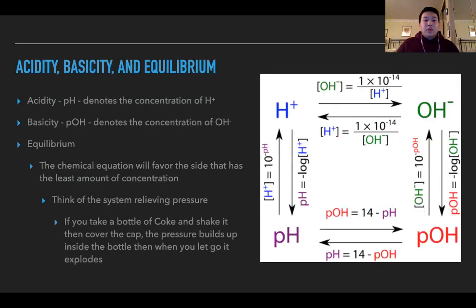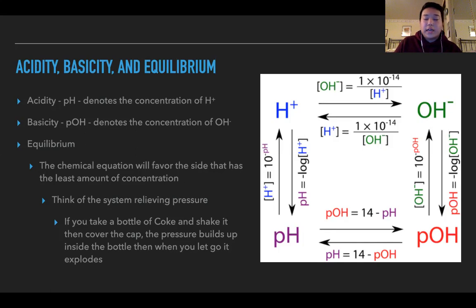Okay, so before I go into the problems, I want to talk about acidity, basicity, and equilibrium. So for now, don't mind the thing on the right. I don't think you'll have to do hydroxide ions for now. In any case, you are more concerned with this leftmost arrow that deals with pH to H+, right? So that tells you the acidity, and the equation is there, kind of horizontal, for pH and for the concentration of hydrogen ions too.